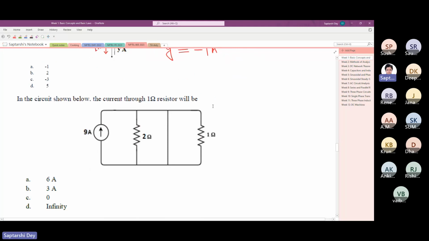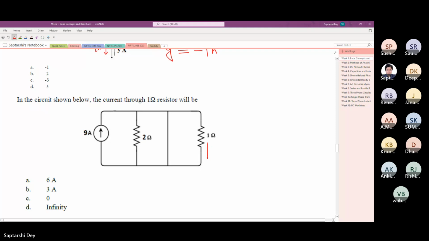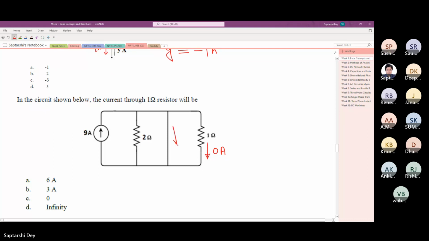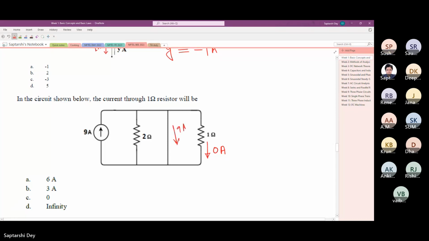You guys answer this question. In the circuit shown below, the current through the 1 ampere, 1 ohm. What is the current in this branch? It's 0. Why? The whole current will pass through the short circuit path. So if I want some current to flow through the 1 ohm and 2 ohm resistance, what should I do?